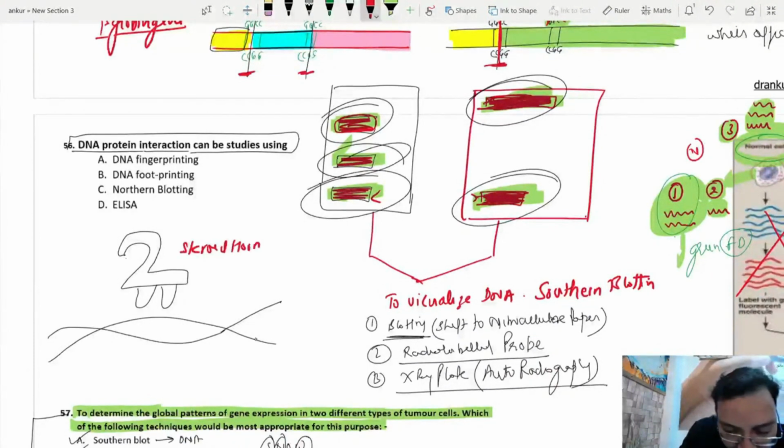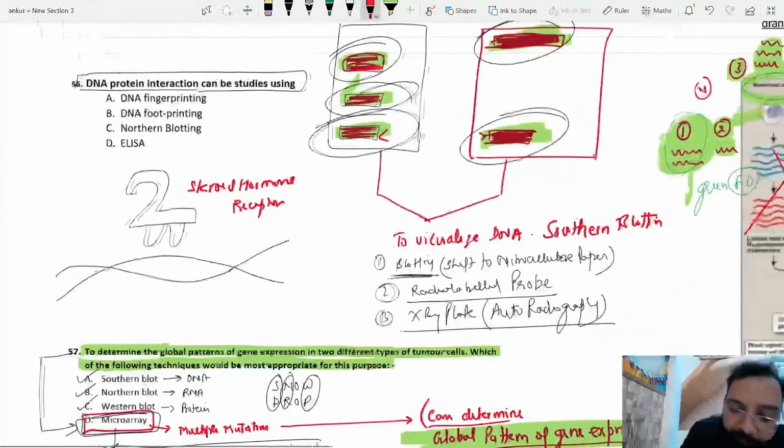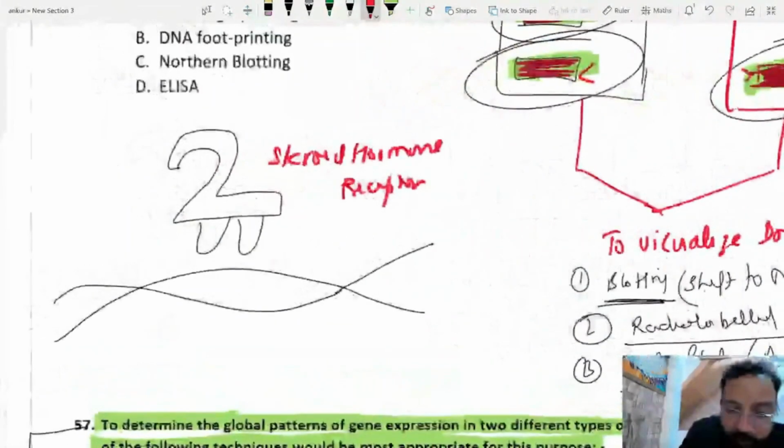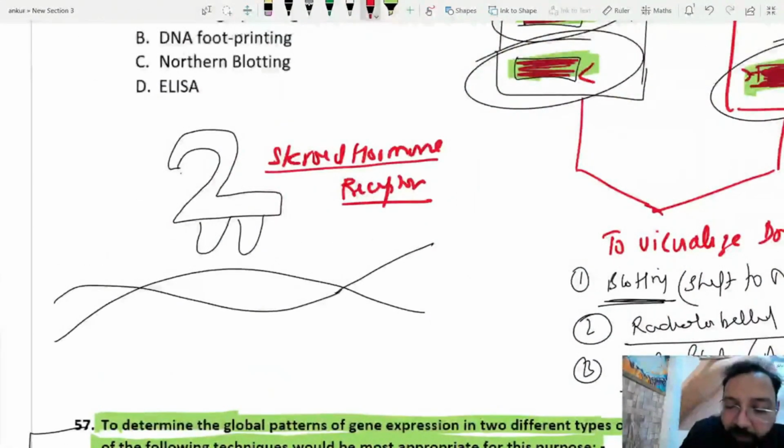Yes, you must have read steroid hormone receptor in pharma, in physio. Steroid hormone receptor acts on the DNA, and we know that steroid hormone receptor binds to the DNA and inhibits or activates the transcription. Yes, that you already know.